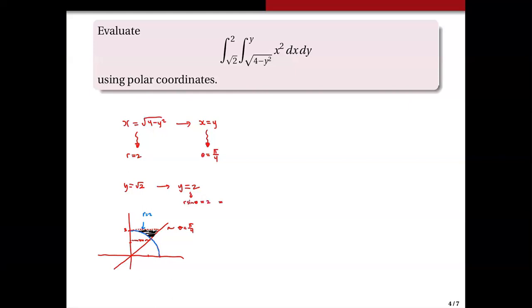Then we can convert this as r equals 2 over sine theta. Correct? That is your y equals 2. And then, of course, this point here, y equals square root of 2. So r sine theta equals square root of 2, or r is equal to square root of 2 over sine theta.